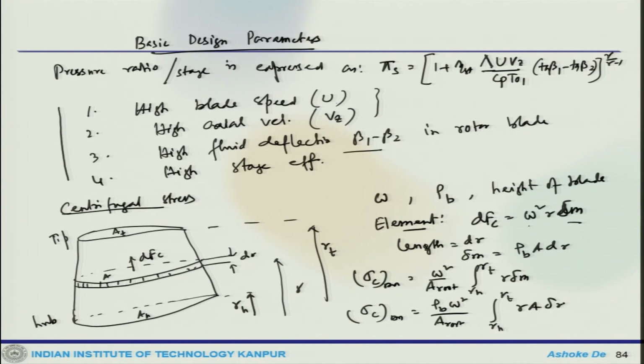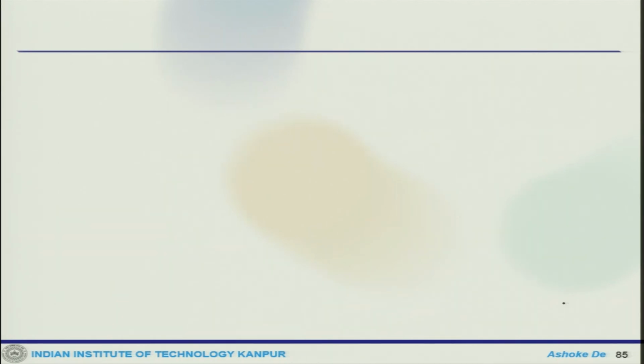Now, you can consider some special cases. For example, let us say the blade has constant area A, constant over the blade height.